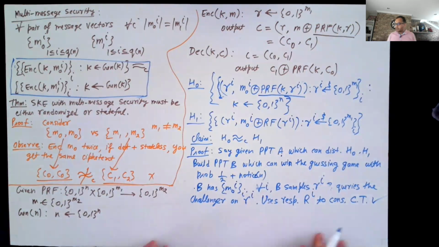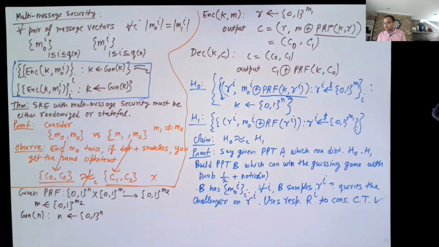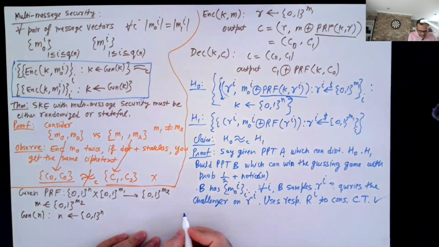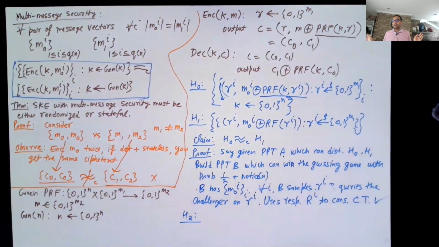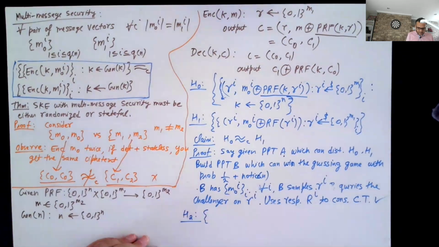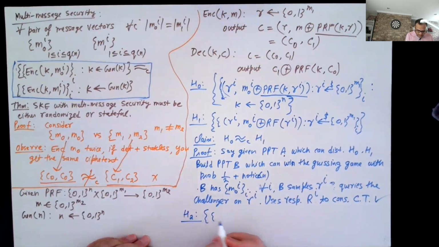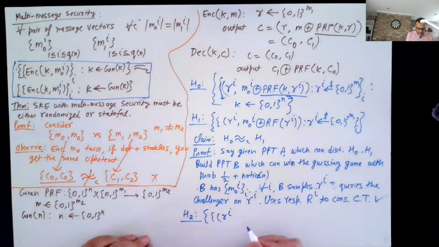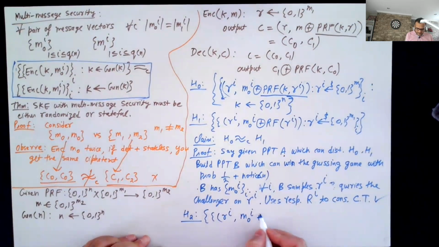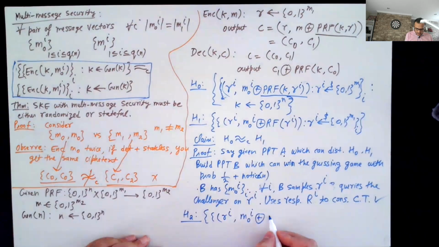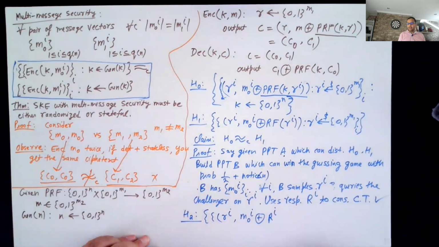Okay, so now the next hybrid is H2. In H2, we get rid of this random function business entirely. So in H2, we output ri and M0i XOR some completely random number Ri.